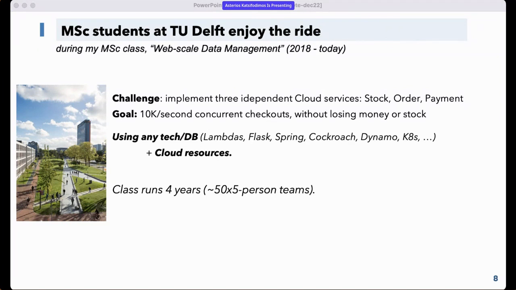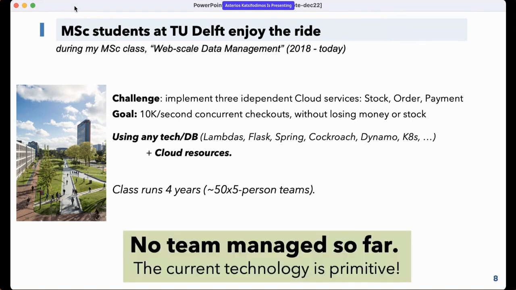Less than half. Less than half. Who was that, by the way? Diagno, from VUB, Universiteit Brussels. So I heard less than half. I will break the news to you. It's been none so far.